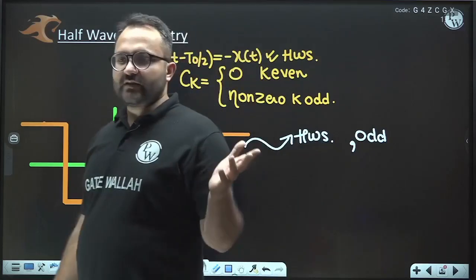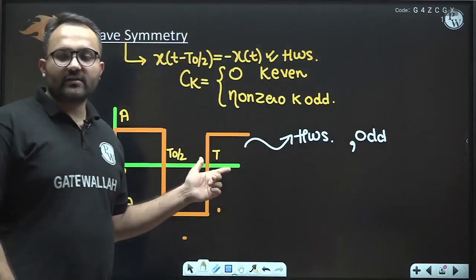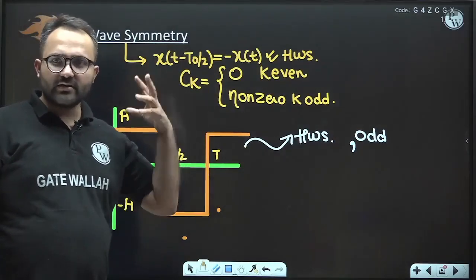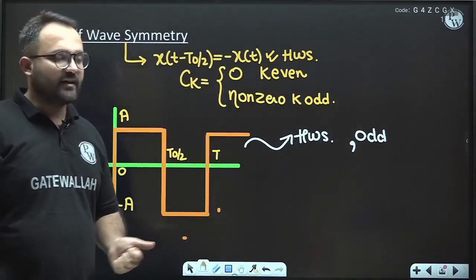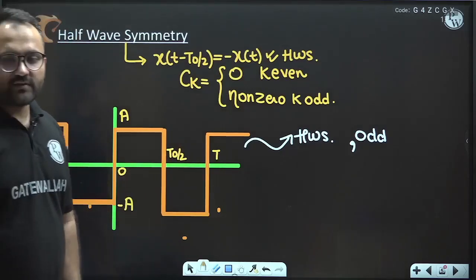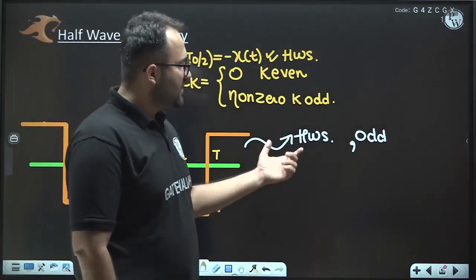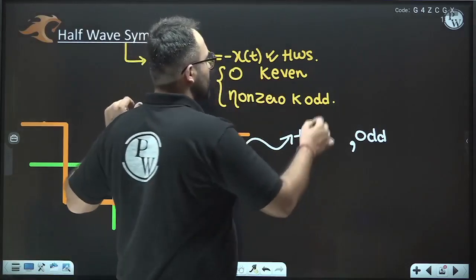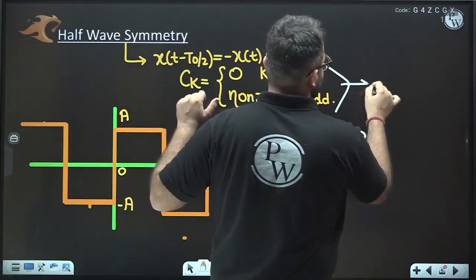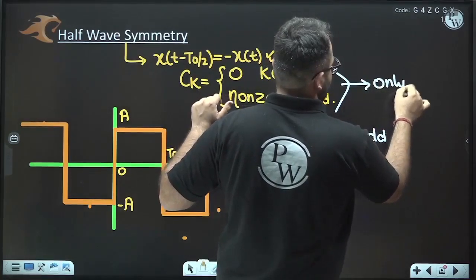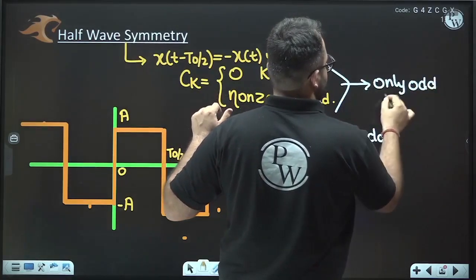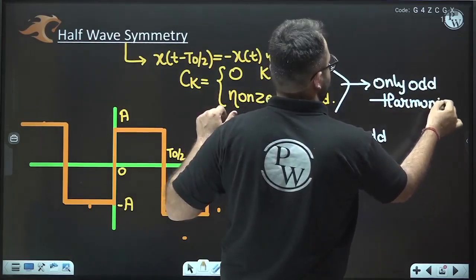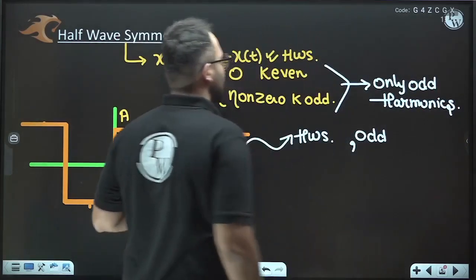Now from the last class discussion, odd symmetric signals have only sine terms. Okay, you remember that the trigonometric Fourier series has only sine terms. So now since the signal has only sine terms, half wave symmetry says that the signal has only odd harmonics.